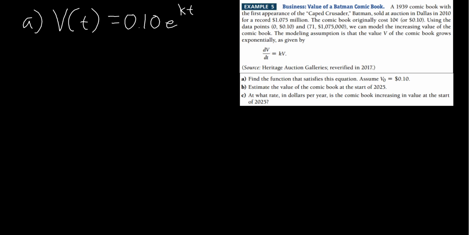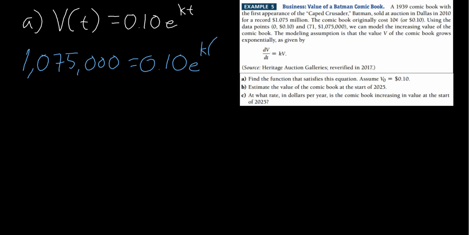So anyways, v of t is going to be 1,075,000, and that's equal to 0.10 e to the k, and again we're looking for k, and then my t here is 71.